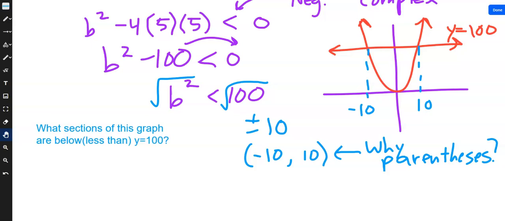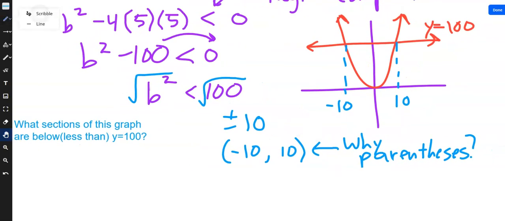I can't have it equal to 100 because then my discriminant was equal to 0, and that's not negative. We wanted the discriminant to be negative. Therefore, we cannot be 10 or negative 10. It has to be in between those. Okay? So that's why we have to have the parentheses, cannot have the brackets on this.